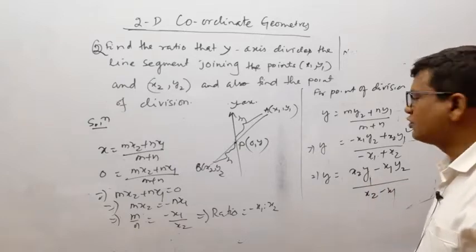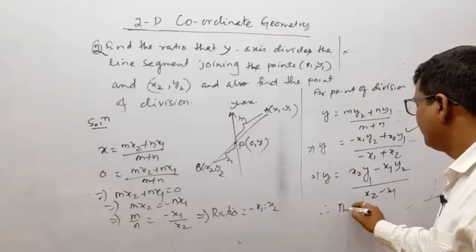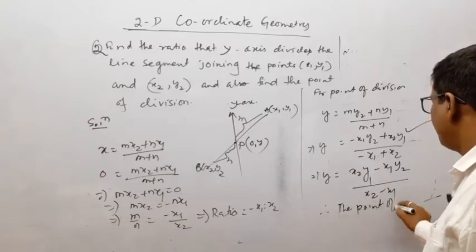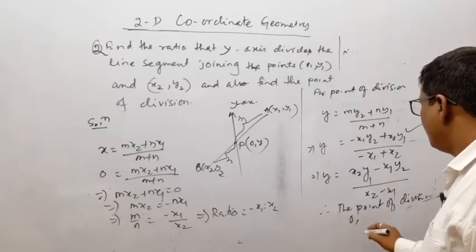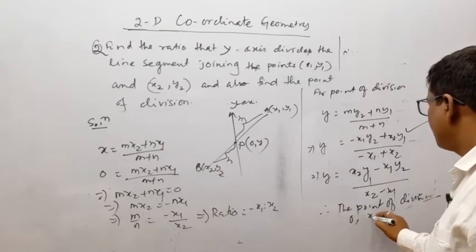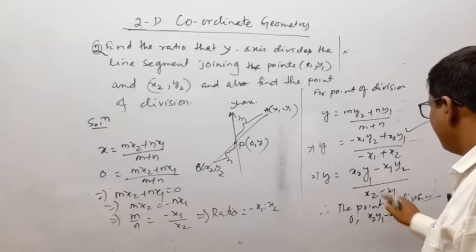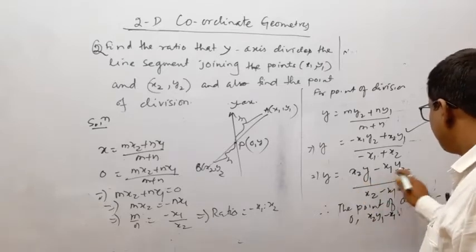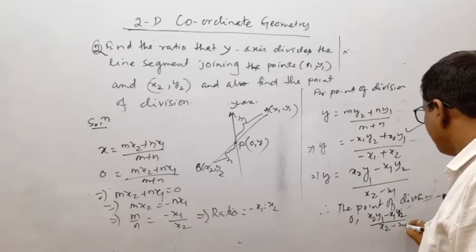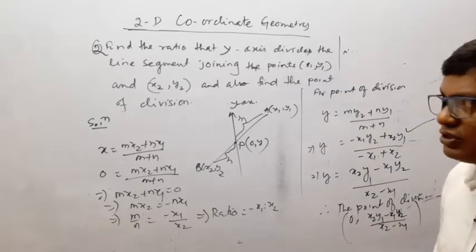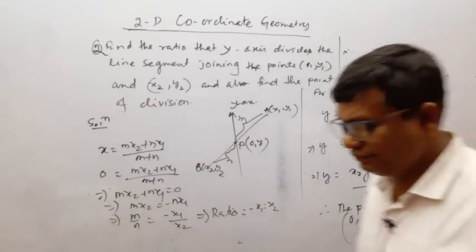Therefore the point of division is equal to 0 comma (x2 y1 minus x1 y2) divided by (x2 minus x1). This is the point of division.